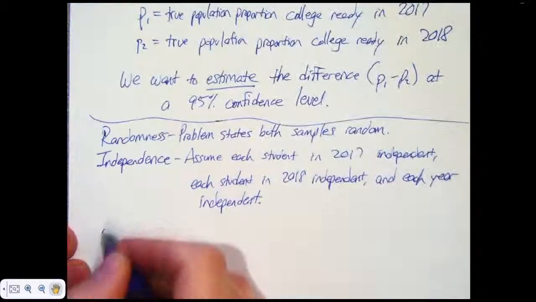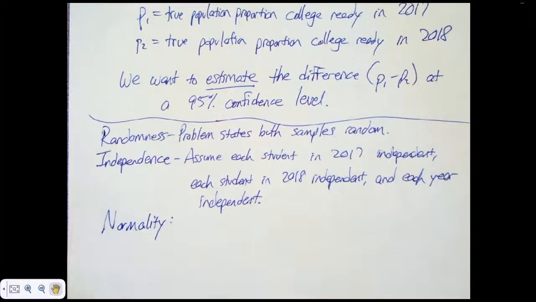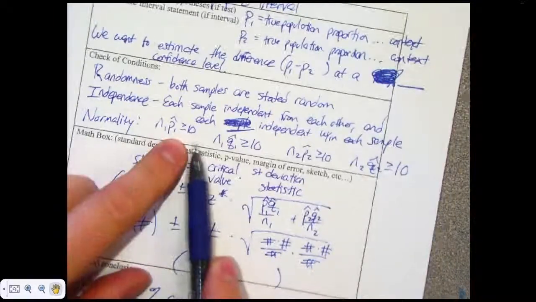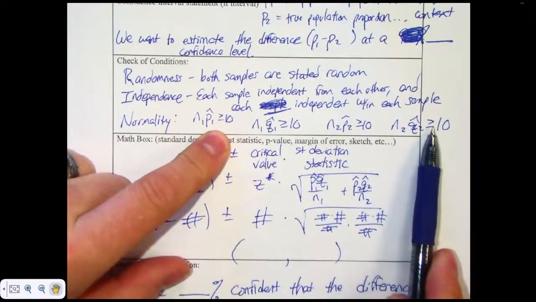Alright, and then normality. Let's go back to the template for a second, because there is an option on this that I forgot to write down here. So instead of doing this NP and Q business, what else can we do there?